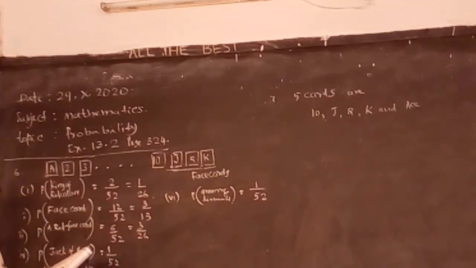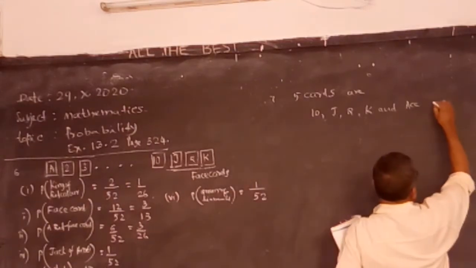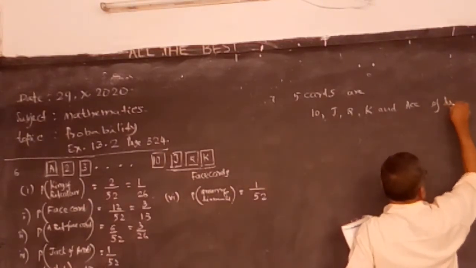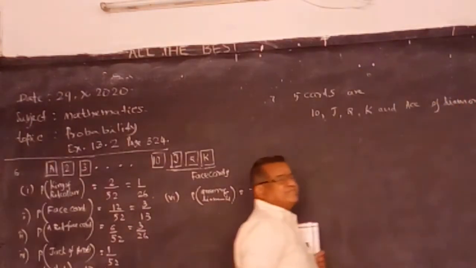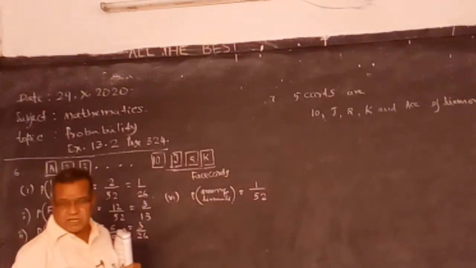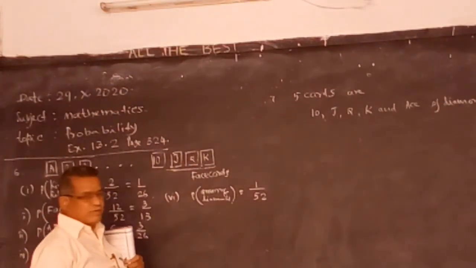Five cards: 10, jockey, queen, king, and ace of diamonds. These cards are taken from diamonds. There are club cards, spade cards, heart and diamond.